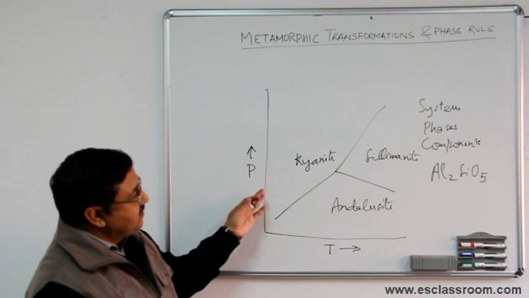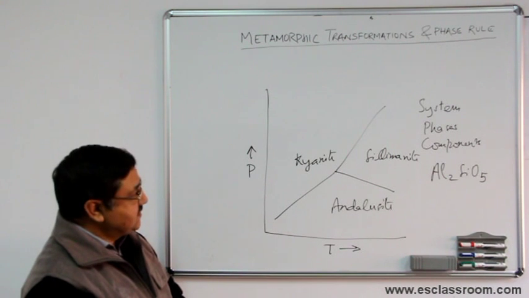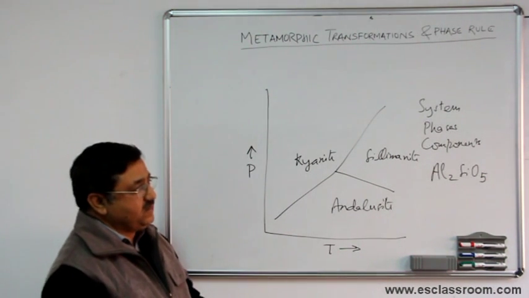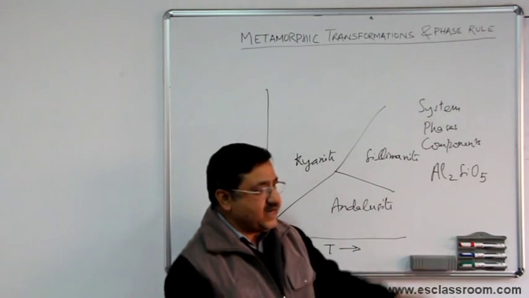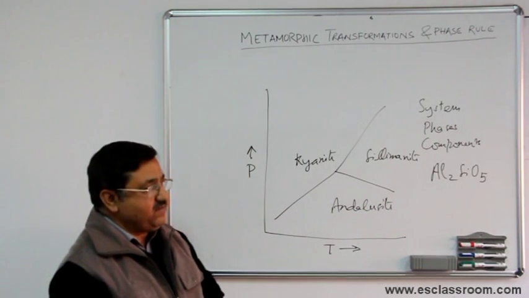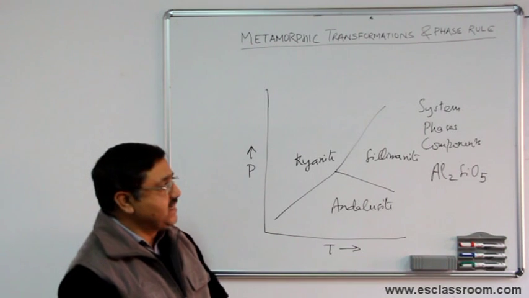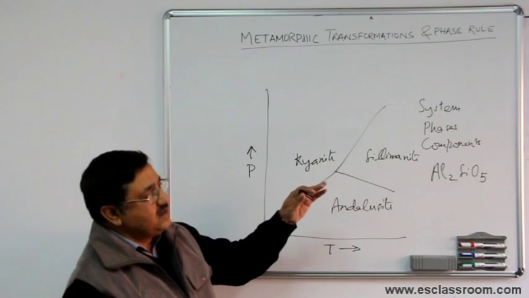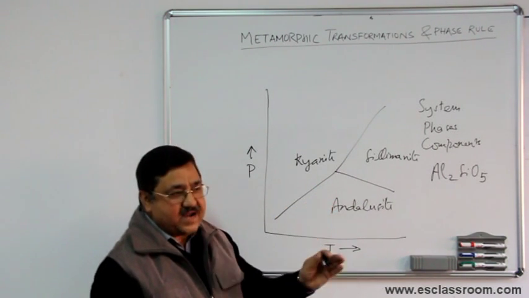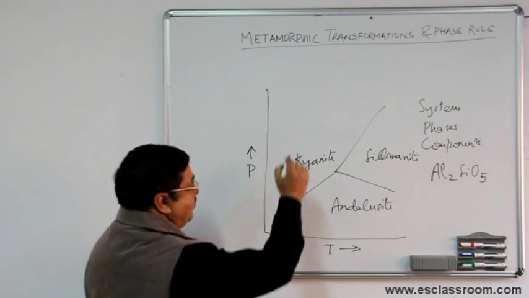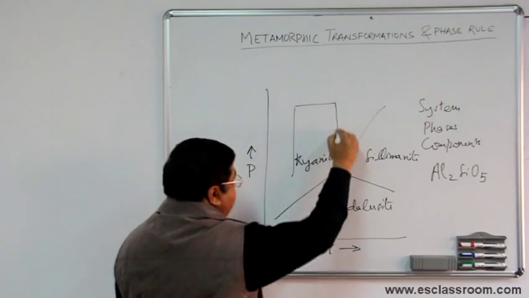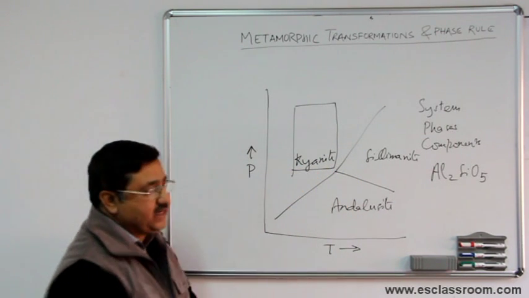Now, when we look at these three possible phases of one component which is Al2SiO5 and we try to find a well-defined relationship between phases and components, then we can think of an area in the field of kyanite.